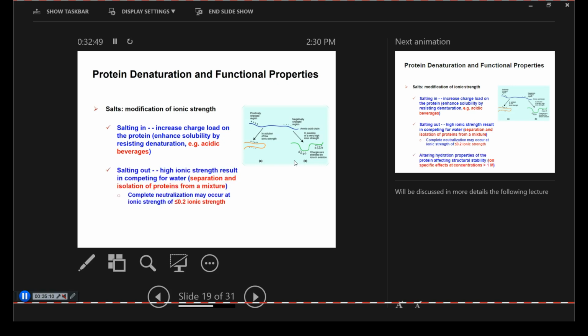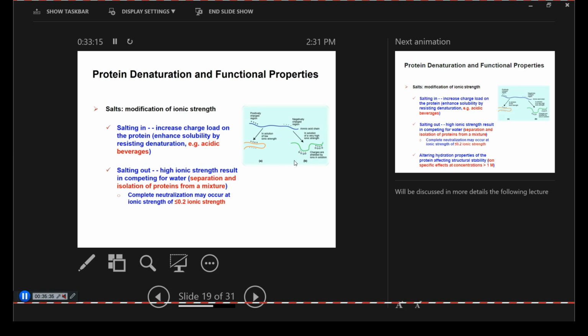However, if you increase salt concentration beyond a certain point, what happens is total shielding of charges and competition for water, interaction with water. So, which will result in protein actually unfolding, because when the protein charges are shielded, they're no longer interacting with each other.